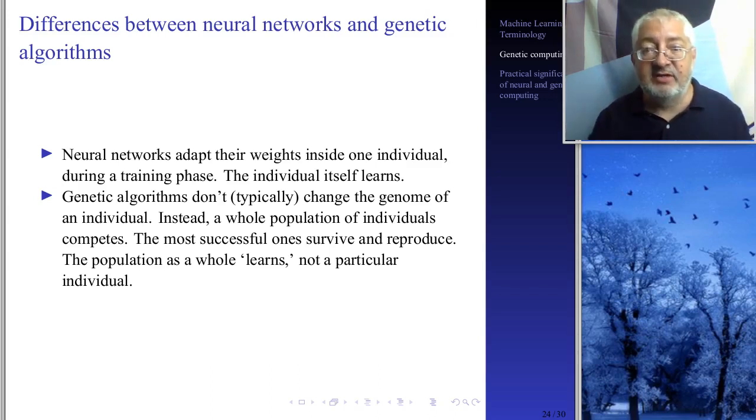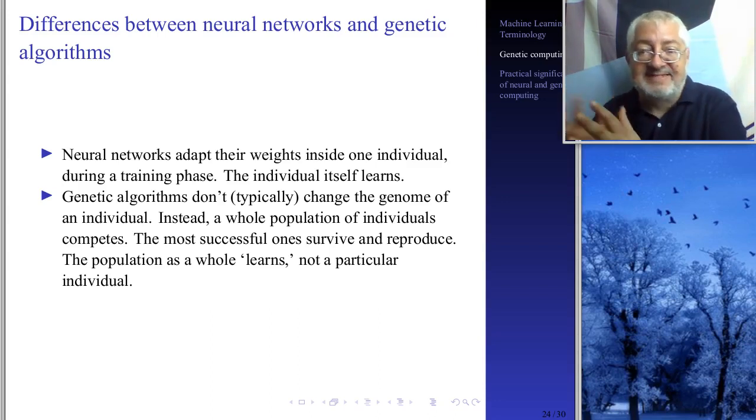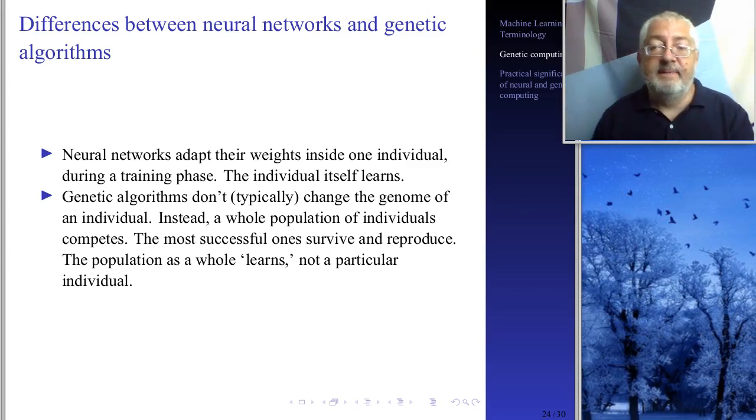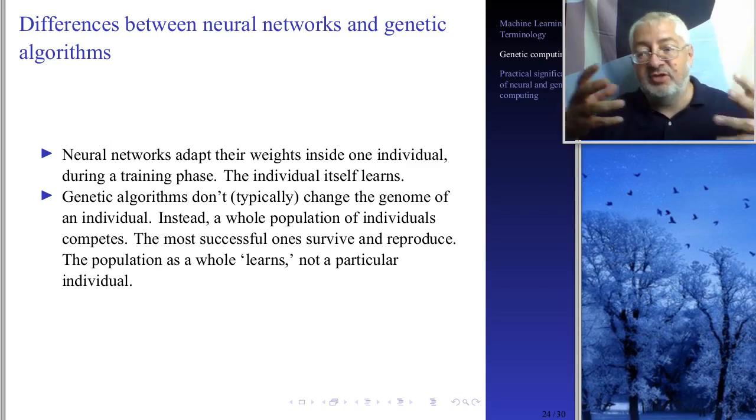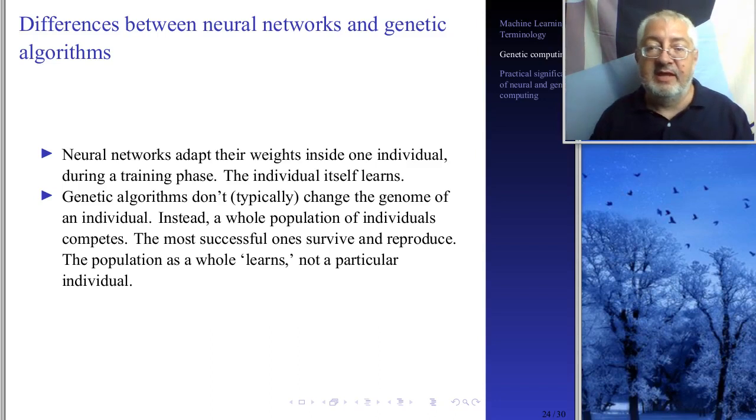Both have a target condition, an optimum. The optimum for a neural network is to minimize the error. The optimum for a genetic algorithm is to survive, to pass the fitness test, and to approximate the fittest individual. And they progress slowly by changing their weights or changing their genes towards the optimum that is required of them.